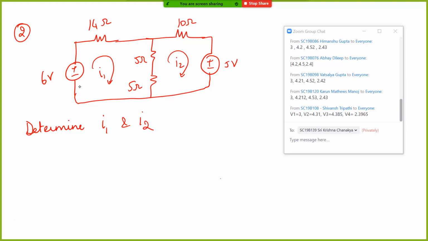So we have two loops here. First let's take loop number one. If you're starting here and going around like this, according to the convention, if you have a resistor and the current flows in this direction, the voltage drop will be like this, right?